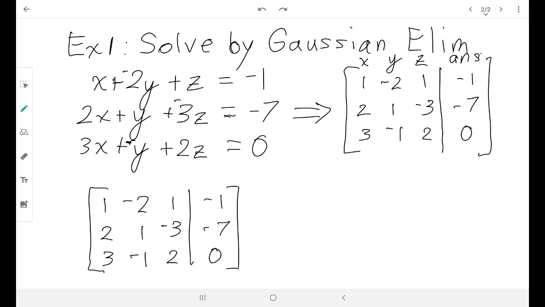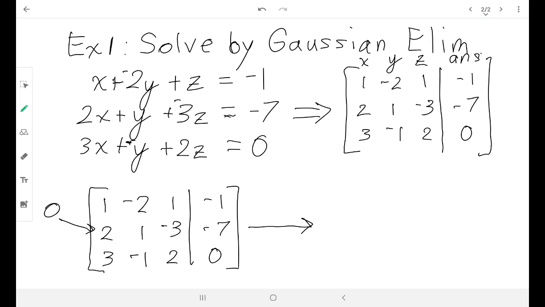But then I want to have a 0. I want that 2 to become a 0. The way that I'm going to make that happen is I'm going to do some stuff that happens sort of inside of it, sort of in your head.